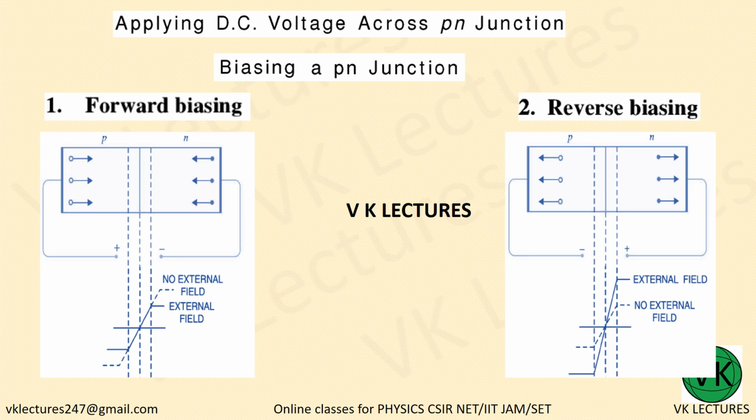Now, applying a DC voltage to a PN junction. What will happen once we start applying a DC voltage? That means an external supply of energy. We are giving some energy to the poor electrons that cannot combine with the holes. In the previous case, we had so many electrons here who remained on the same side due to the barrier potential.